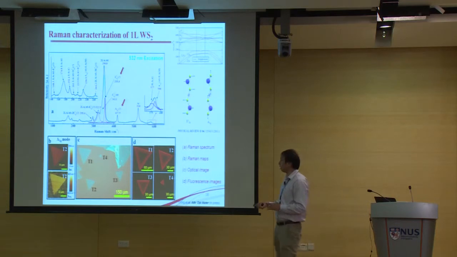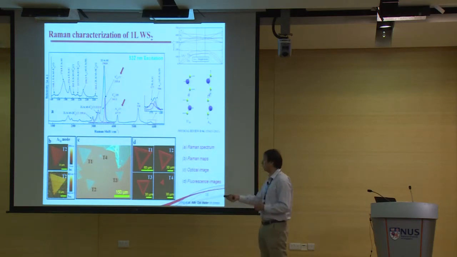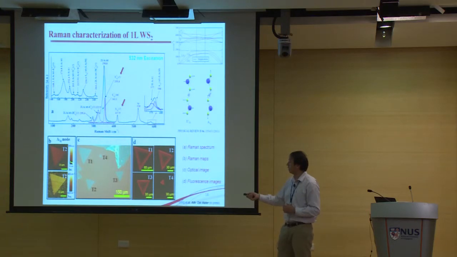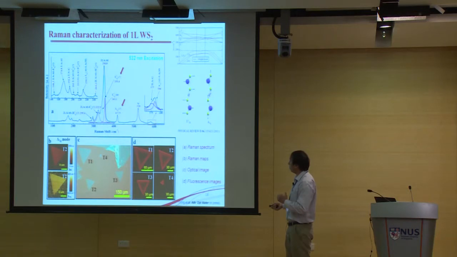The peak is so strong that we can map the whole, let's say, 70 to 80 micron piece of the perfect triangle by extracting either the intensity or the position of the A1G peak here. Because the E2G for this laser is mixed with other peaks, we use the A1G. And I would like to focus on this in this slide and in the following slides.